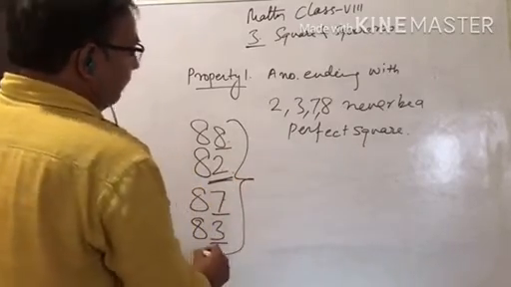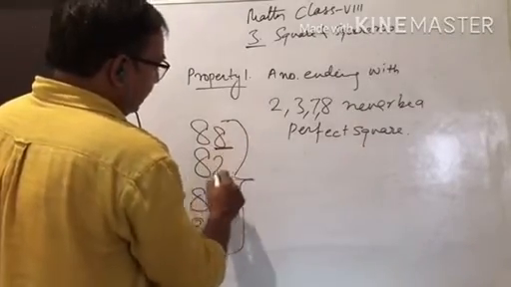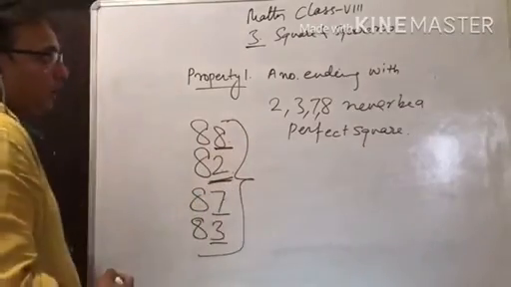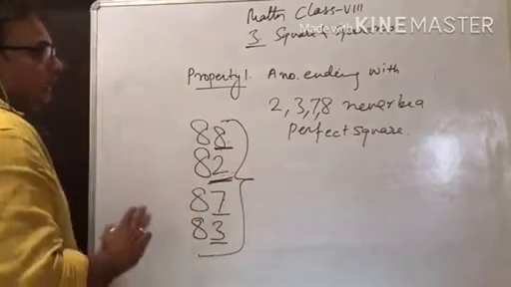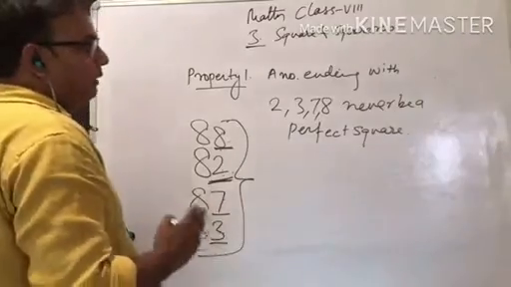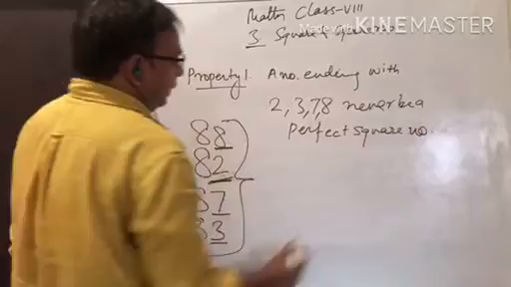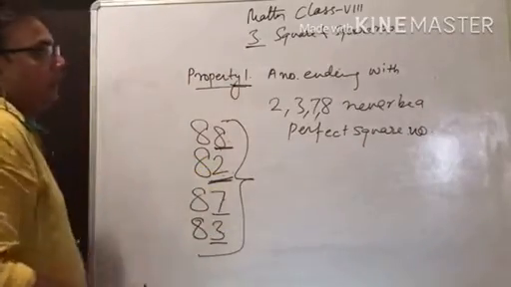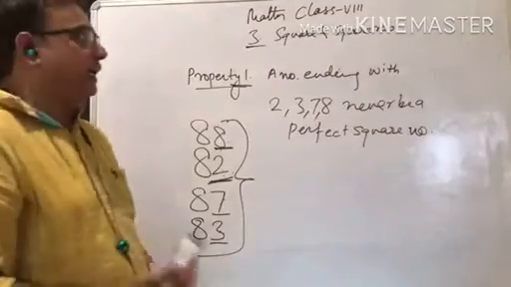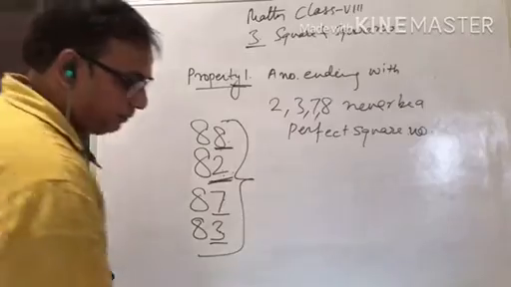We just see the number by its unit digit. If the unit digit is 2, 3, 7 or 8, it can never be a perfect square number. So this is property number 1.